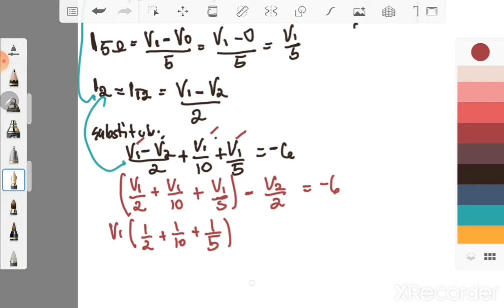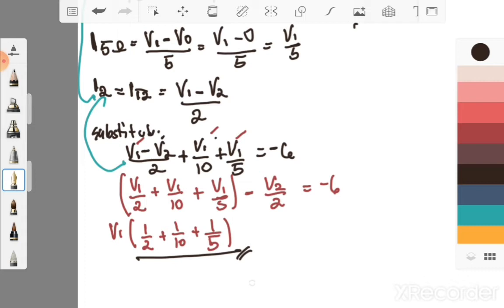So, using your calculator, please calculate the value of this equation. We have 1 half plus 1 over 10 plus 1/5.